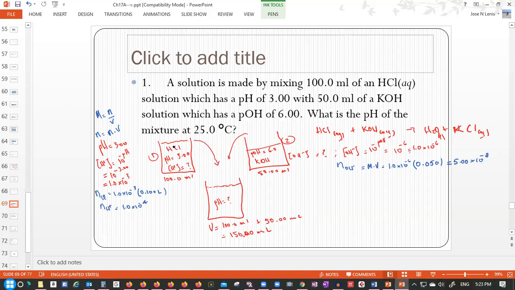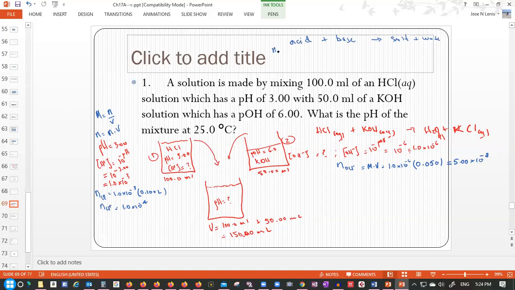So remember, we are doing this because we need to neutralize. These two are going to neutralize. When they come in contact here, they are going to neutralize each other. Which one is going to neutralize which? With acid-base neutralization, acid plus base forms salt and water. So we know the exact number of moles of the acid here.